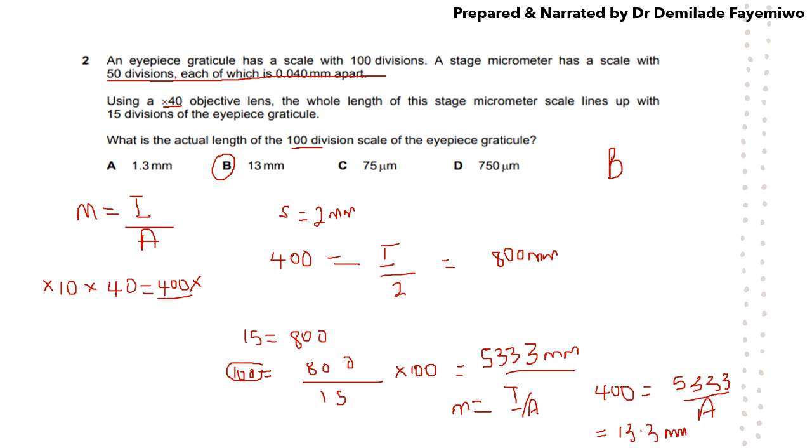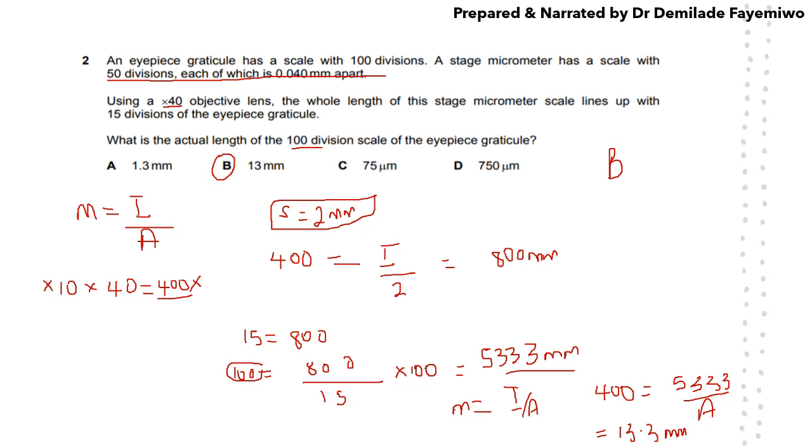We start with M is equal to I over A. We have a magnification of 400 times because we are dealing with a 40 times objective as well as the 10 times from the eyepiece. The actual length of our stage reticle is 2 millimeters, which we get by multiplying 50 divisions by 0.04 millimeters.